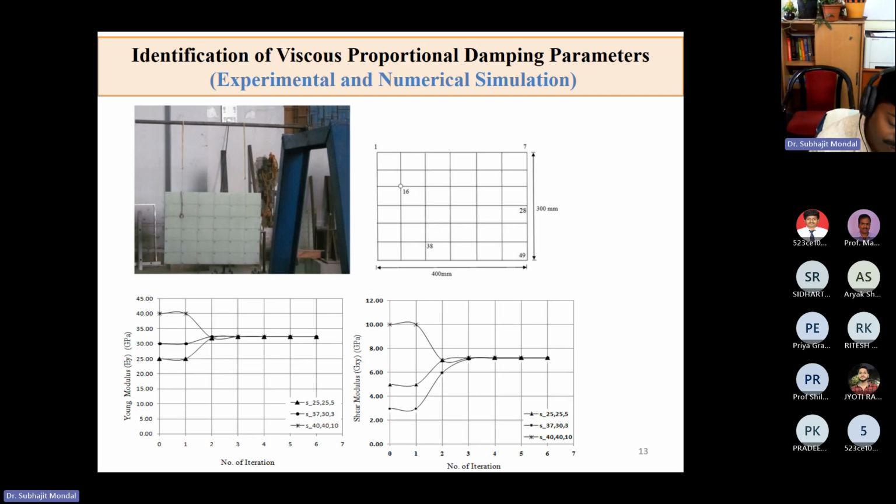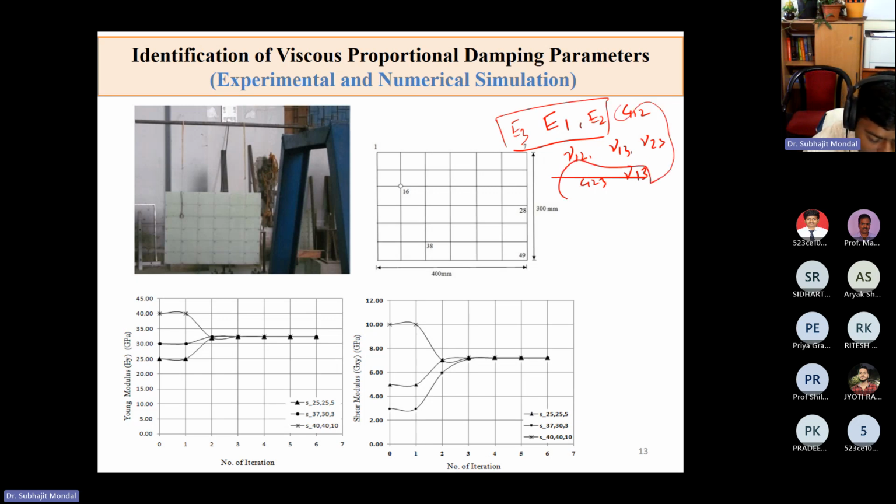If you have a composite plate like this, probably you know that in a composite you have E1, E2, E3, G12, G13, G23, and the Poisson ratios ν12, ν13, ν23. In total there will be 9 parameters: 3 from the Young modulus, 3 from the shear modulus, and 3 from the Poisson ratio.